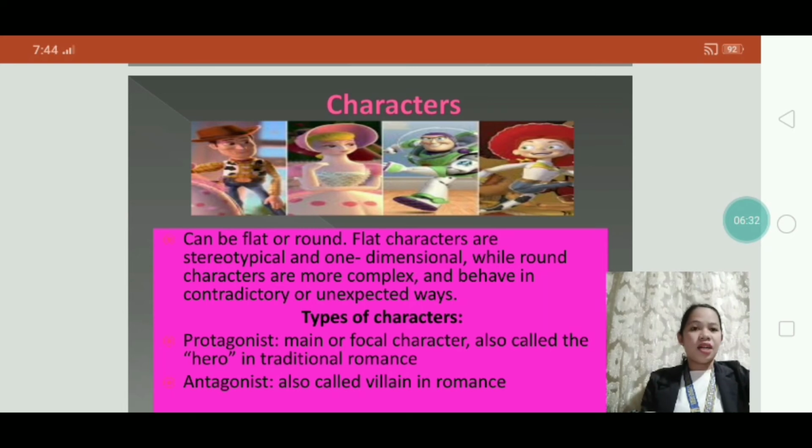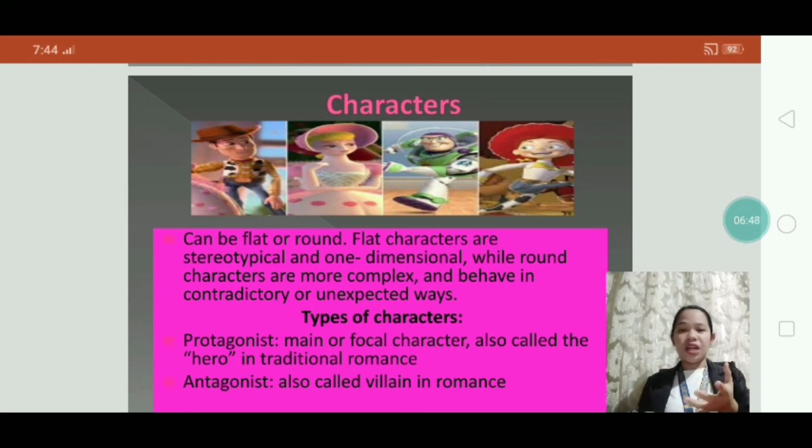For the characters, take note that there are two types, flat and round. Flat characters are usually characters that don't show any character development.